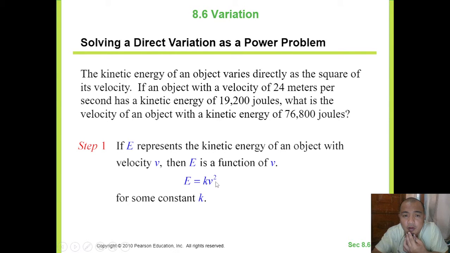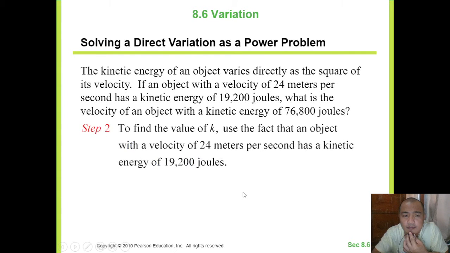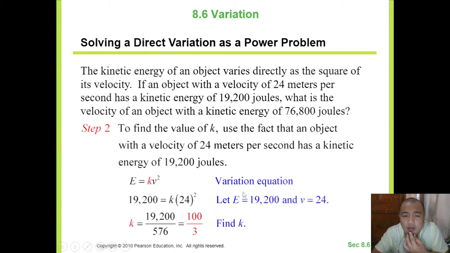Now let us solve for the constant. Substitute V by 24 meters per second, and the kinetic energy of 19,200 joules. Okay, E equals kv squared. From here, let us solve for k. Substitute E by 19,200, V by 24.